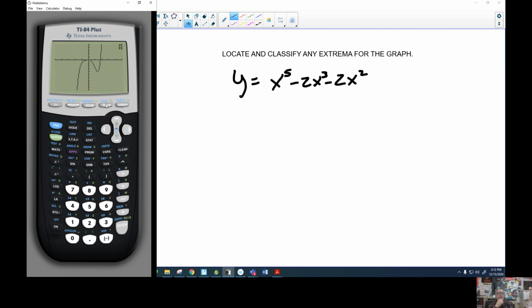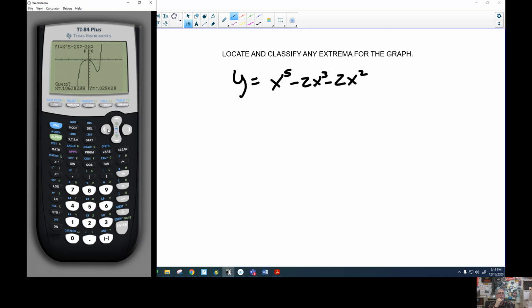So second calc, first thing I'm going to find is that maximum. So I'm going to go to 4. And it's asking me for the left boundary. So I'm going to go left of what I think is the max, hit enter. And you can watch these Y values, and make sure that it went up and then it's starting to come down again. Right? All right, so it looks like we're there.